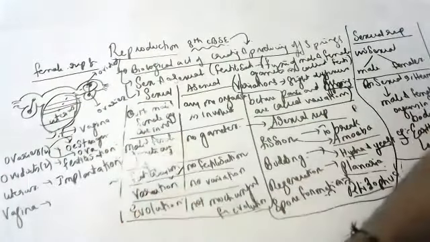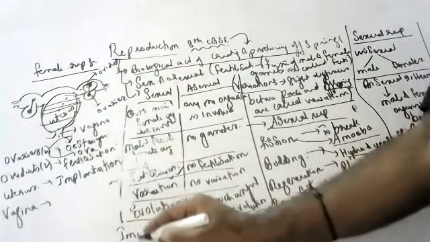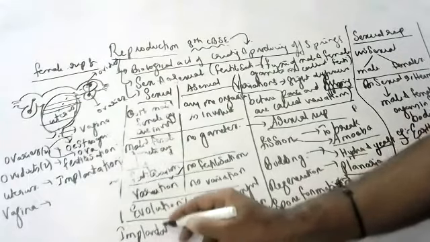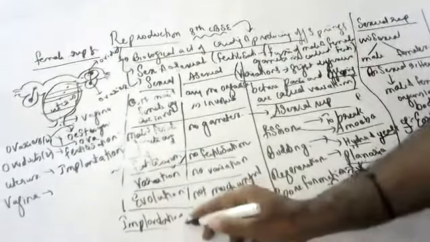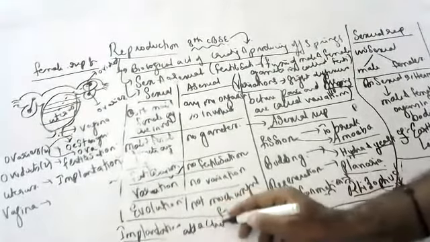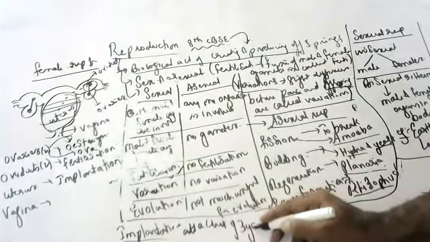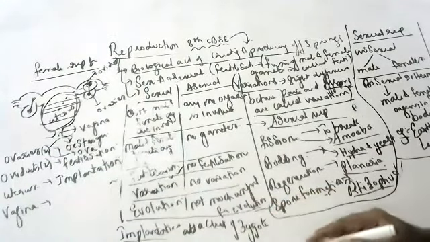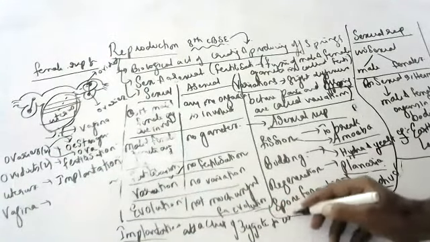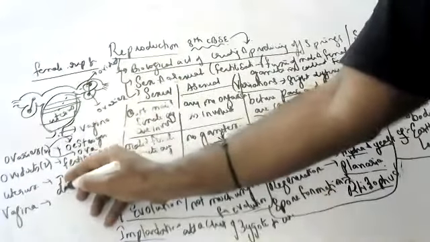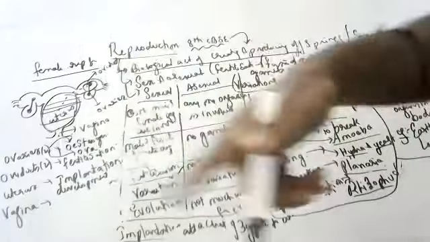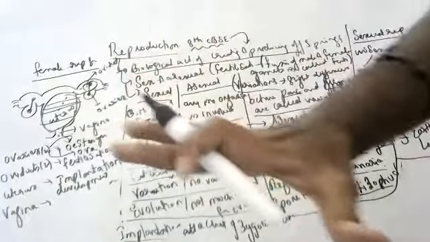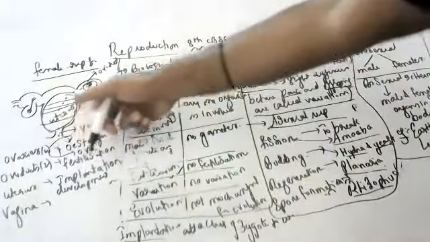Attachment of zygote to uterus is called implantation. Implantation and development of zygote into embryo, into full fetus, into baby occurs 9 months in uterus only.